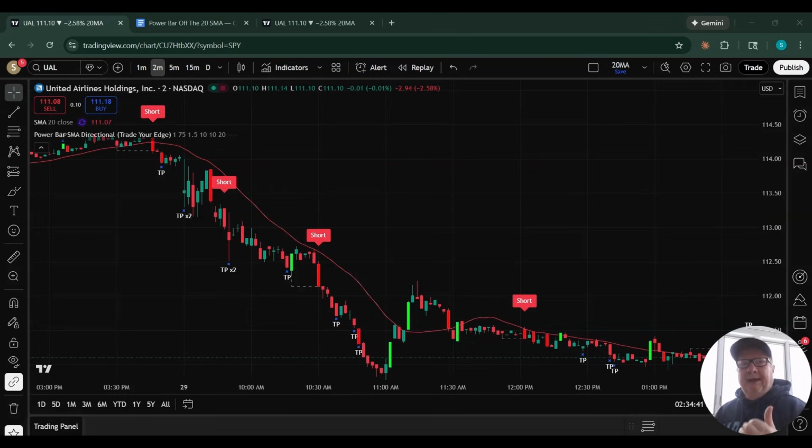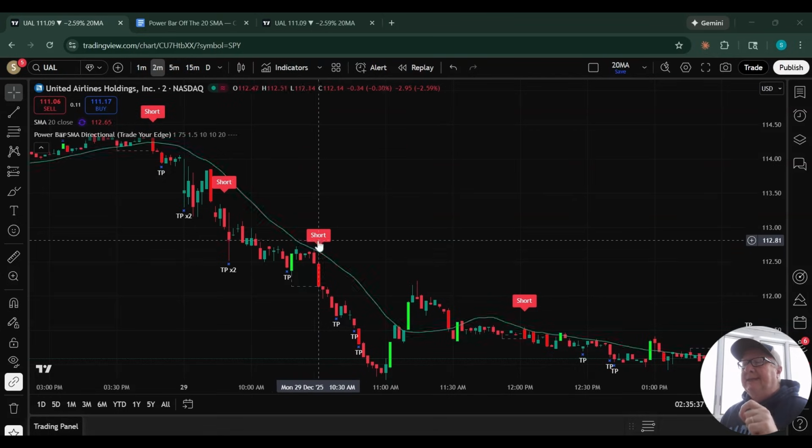The second thing about the power bar that makes it effective is that a power bar is capturing primary data. A lot of people have been burned by indicators, trading off the MACD, for example. One of my favorite indicators as a young trader 30 years ago, the MACD trails, just like most indicators. The vast majority of indicators are a translation of price, right? They're not price itself.